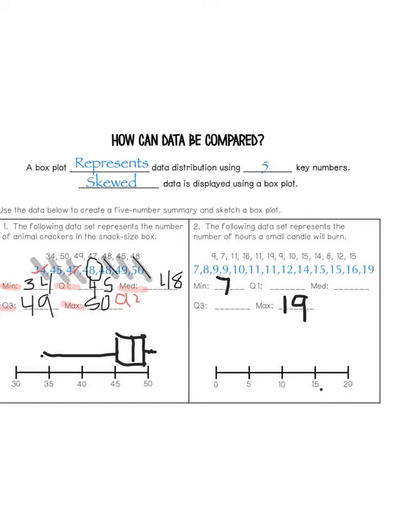Now we're going to start getting our median. So I'm going to cross off my numbers till I'm left with a middle number, and you should get 11 for your median.